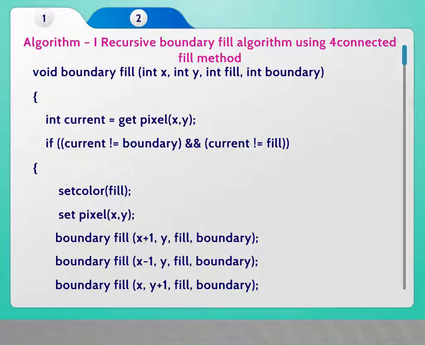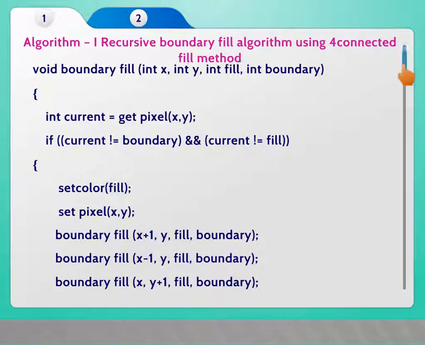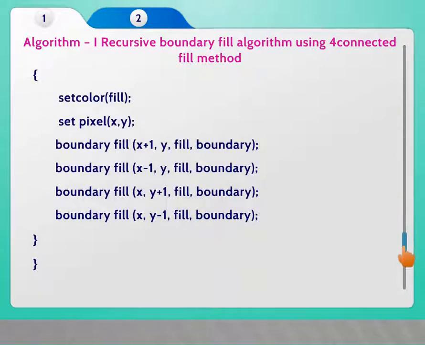If current is not equal to boundary and current is not equal to fill, set color to fill, setPixel(x, y). boundaryFill(x+1, y, fill, boundary). boundaryFill(x-1, y, fill, boundary). boundaryFill(x, y+1, fill, boundary). boundaryFill(x, y-1, fill, boundary).